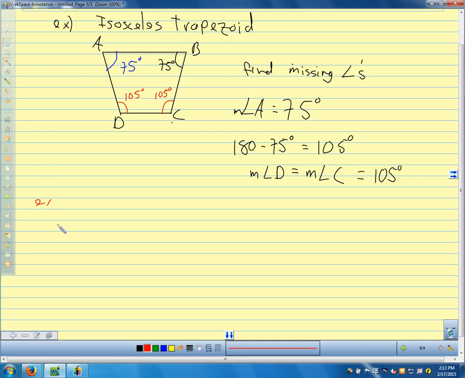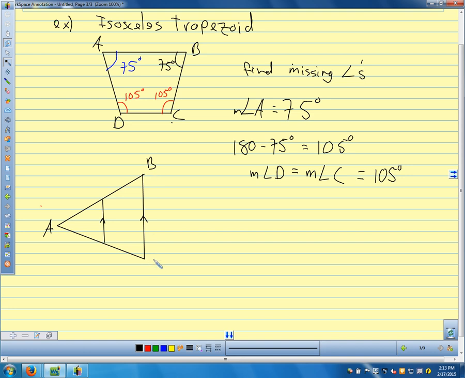All right, let's look at another one. This one is a little different because it has to do with a triangle. All right, I'm going to say this angle is 32 degrees.